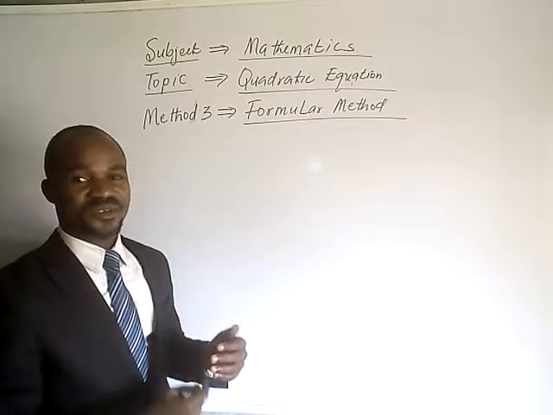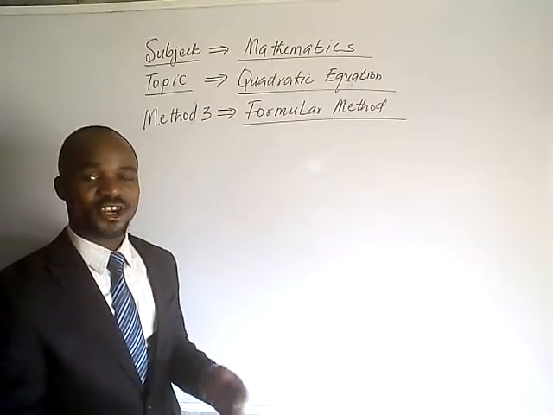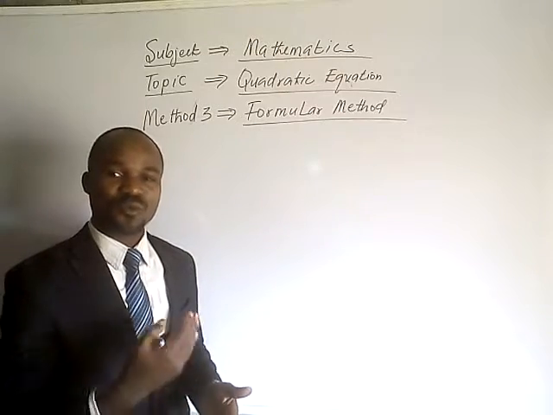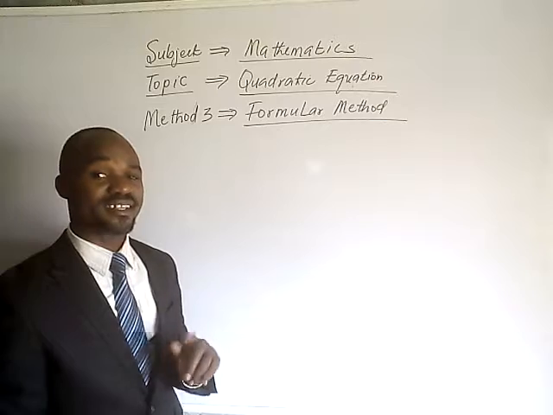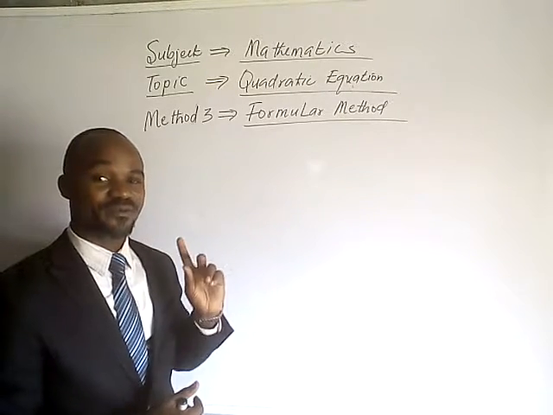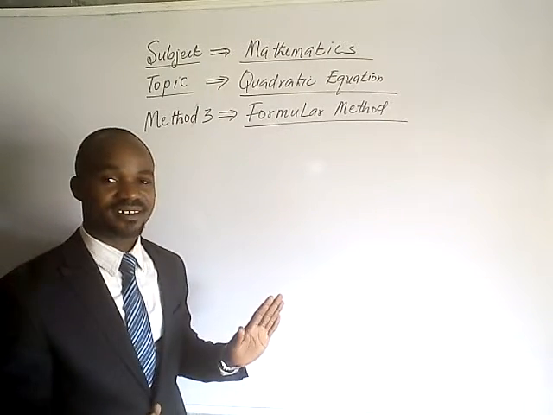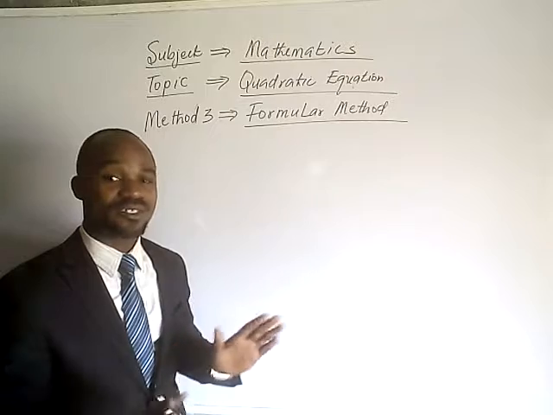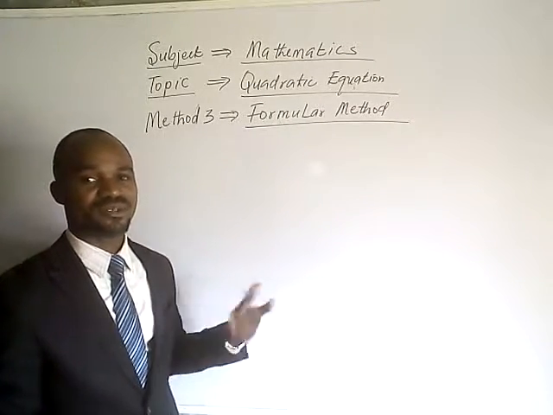We can see how this method can also be applied in solving any quadratic equation. Very interesting. I want you to understand that this formula method is one of the simplest among the four methods I mentioned earlier. Let's see how we can do justice to that.